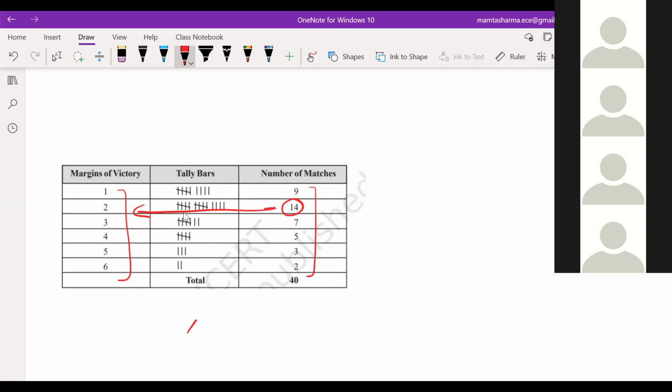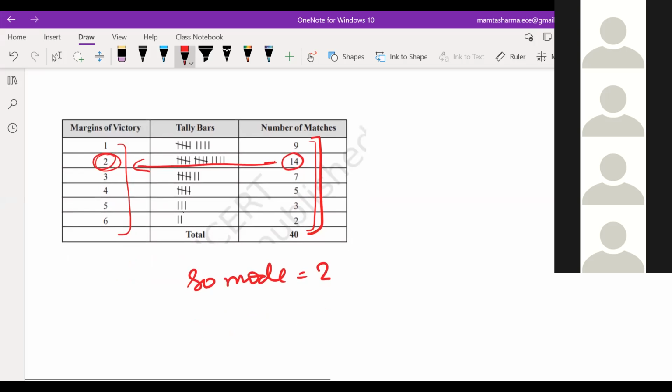So the mode will be 2. Mode will not be 14. 2 is occurring more frequently, 2 is occurring 14 times. This is the frequency of occurring. The corresponding margin is 2, so mode will be 2.